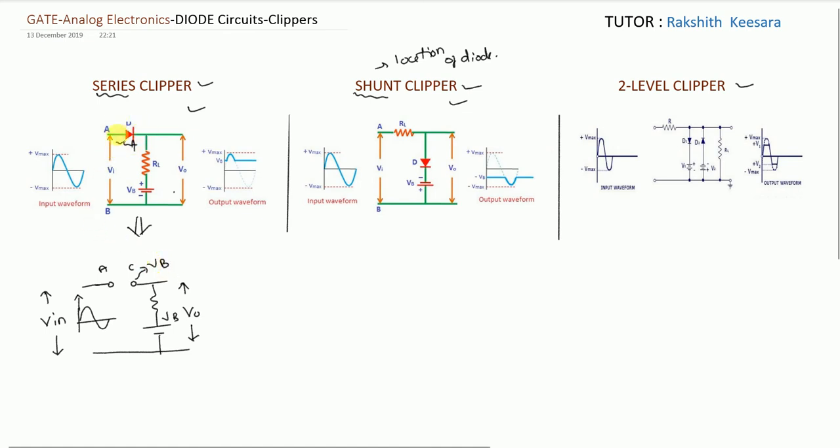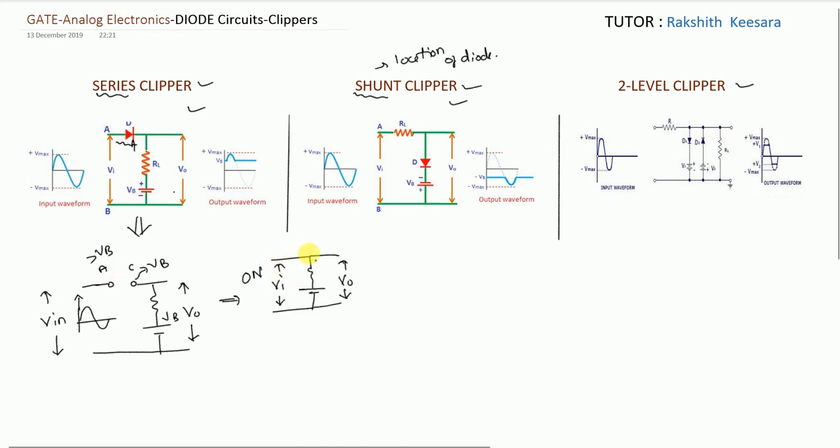Assume this is an ideal diode. So whenever the voltage at an anode is greater than VB, then the diode will be in on condition. Is this clear guys? When VAC is greater than 0, then diode will be in on condition. Since voltage across C is VB, whenever voltage across A is greater than VB, then diode will be in on condition.